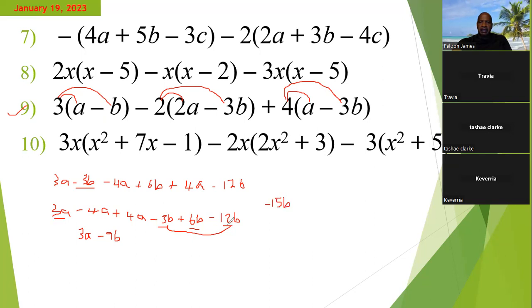And then the positive 6B, you have to add that with the 15. When you're adding a positive and a negative, you find the difference. So you take away 6 from 15, and you get what? 9B. So you're good now? Yes, sir. All right, great.